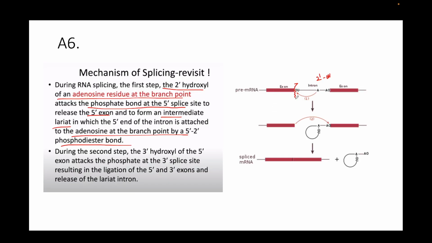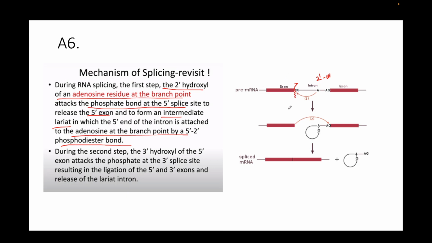Here the breakage of the phosphodiester bond happens, and I believe you understand phosphodiester bond formation, because this is part of combining two nucleotides. If you try to remember this, it will be easier to understand how this bond breaks. So this OH group attacks the 5' splice site to break the phosphodiester bond and release the 5' exon.